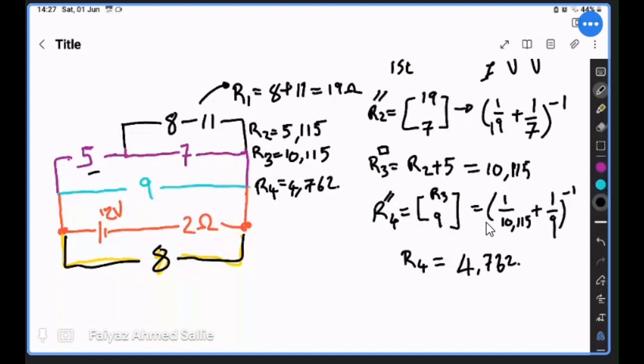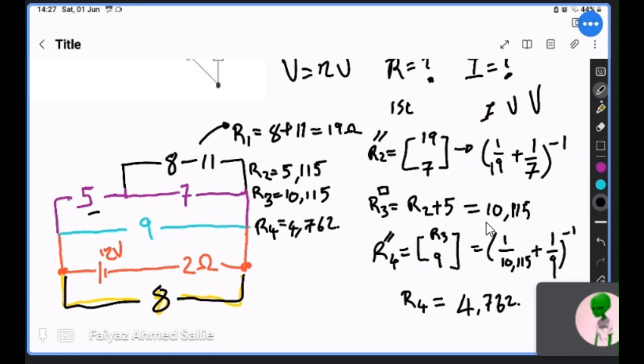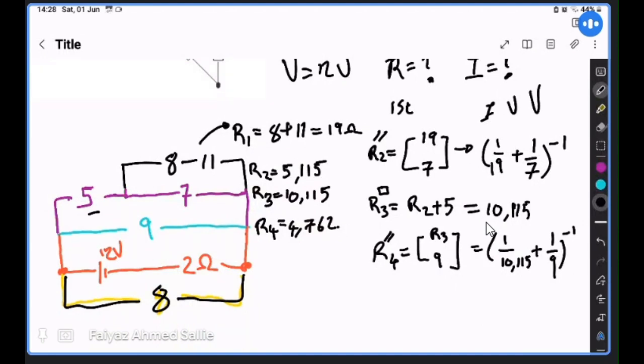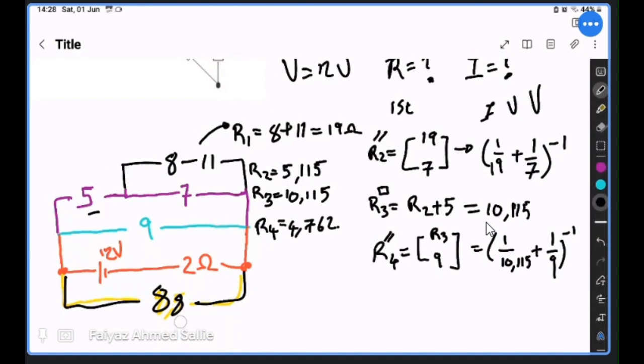Okay, I think I made a mistake here, but anyways, 8.5, that's 8.5.